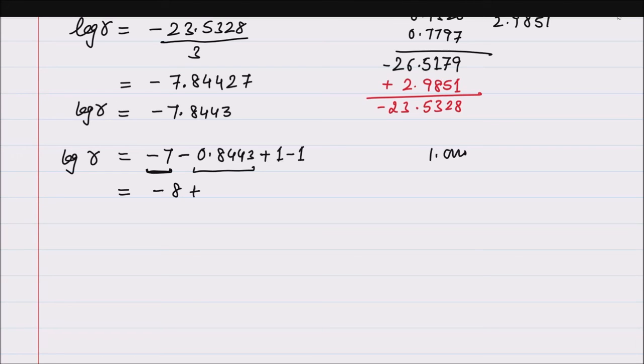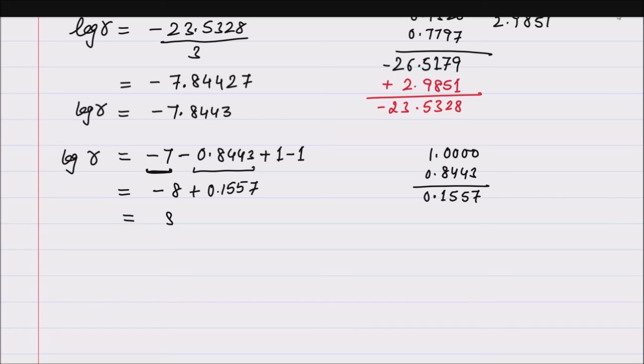1.00 minus 0.8443, so it becomes 0.1557, right?